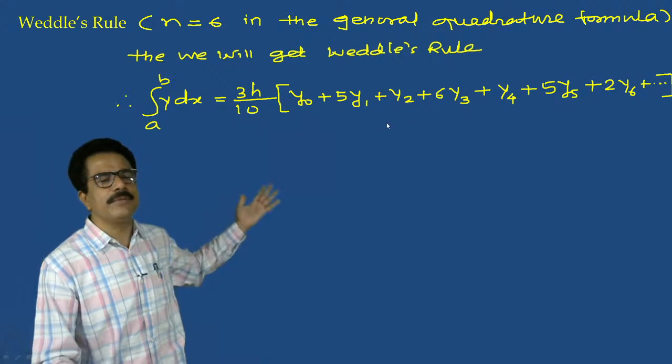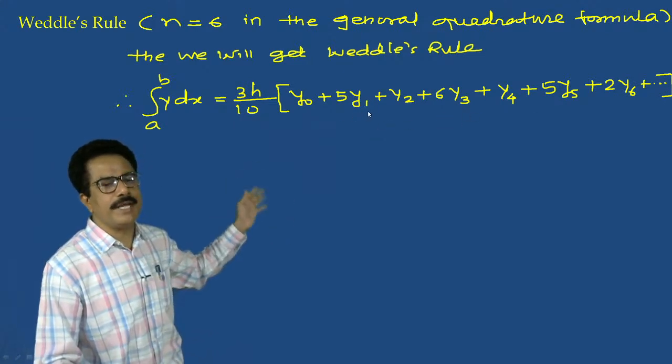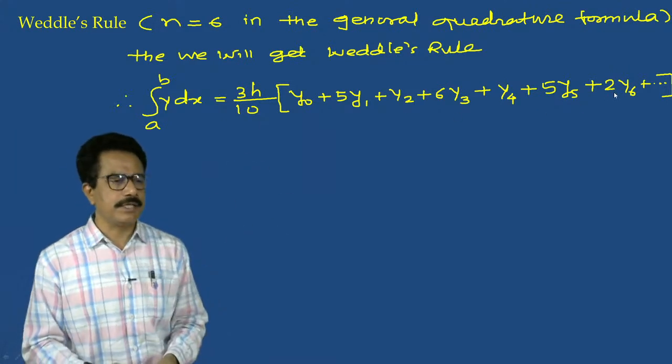After this we again repeat, 5 times of y7. In this way we will get a continuous process.